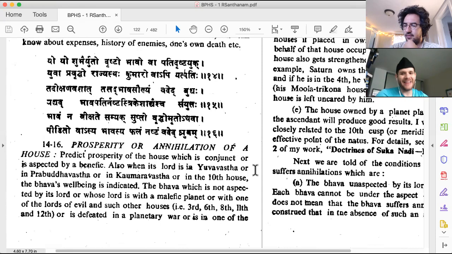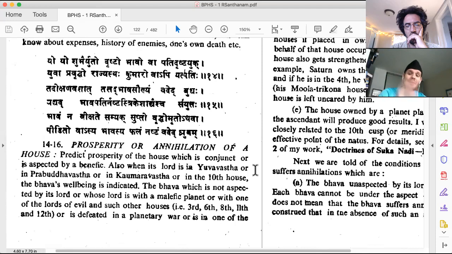But there is a confusion with the third and the 11th. The Dushtanas are one thing and the Trishadayas are another thing. Trishadayas are not inherently evil, and there's no such thing as an evil house. They're just difficult houses, and that's the 6th, the 8th, and the 12th.